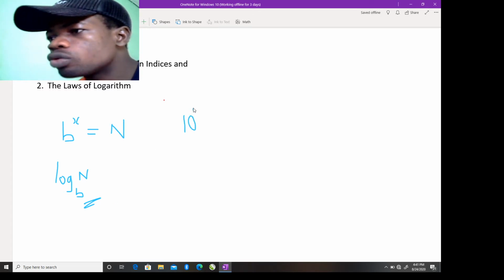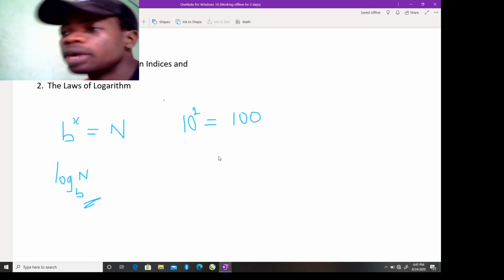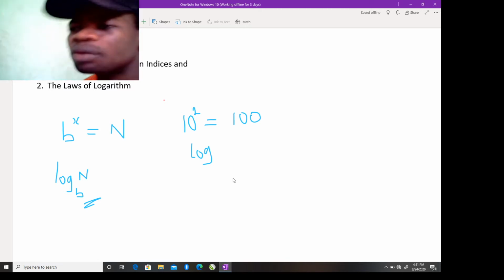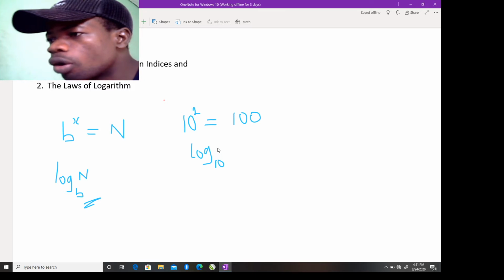So which implies that if you're given, let's say, 10 raised to power of 2 to be equal to 100. How do you write this in log form? That will be log. Don't forget this one that is a base at the left hand side will still maintain to be a base. Then log 100. And that can be equal to what?